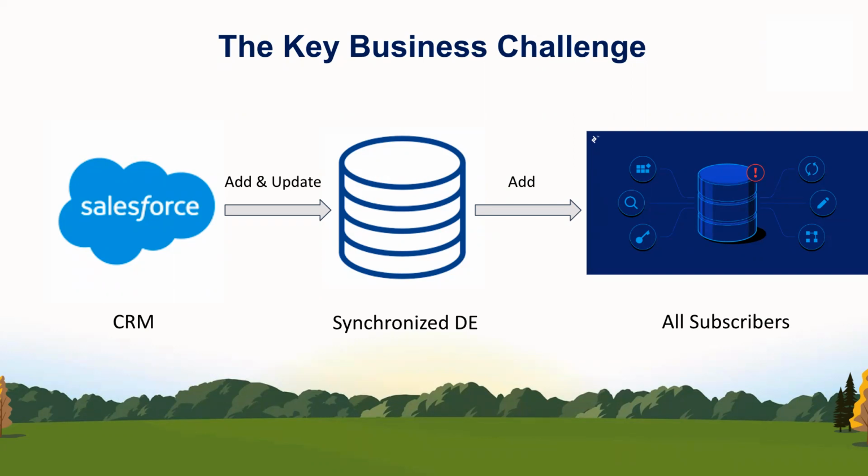So once we have the records in All Subscribers, let's say someone goes and changes the email address in CRM for any one of the records. What will happen then? The record will be updated in the synchronized data extension, but that same record will not be updated in the All Subscribers list, because Marketing Cloud does not update the email address in All Subscribers from the synchronized data extension, and the record is already present in All Subscribers with the old email address.